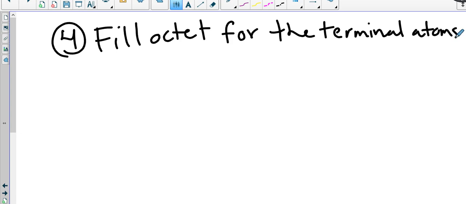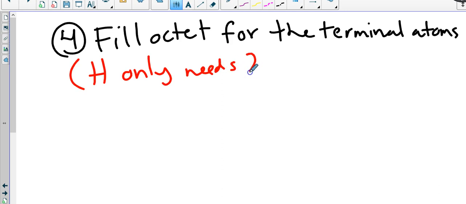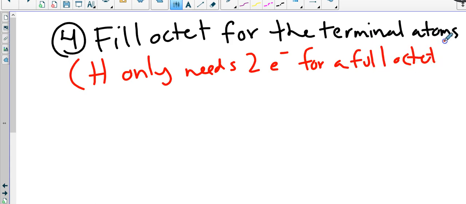Please recall that hydrogen only needs 2 electrons for a full octet. I know octet means 8, but I should have put quote marks around octet. That's really what I meant to do.